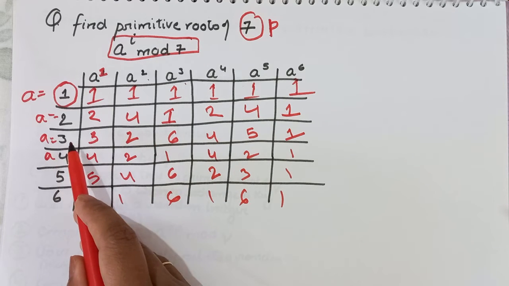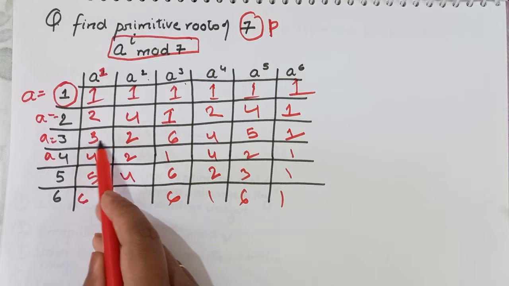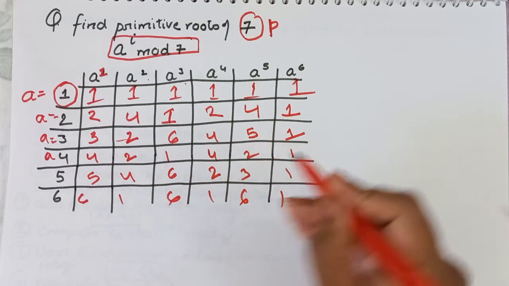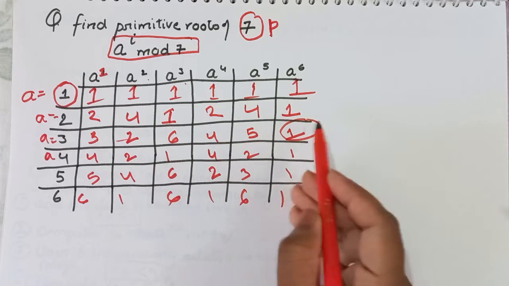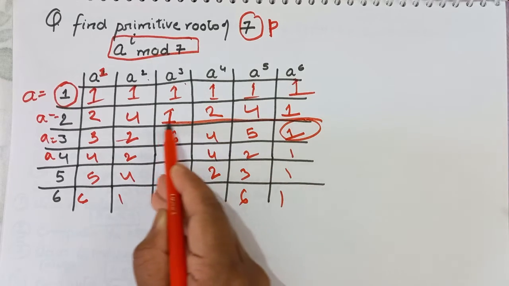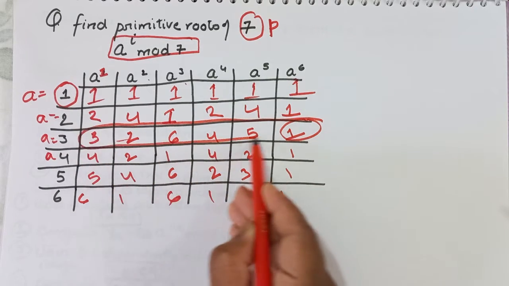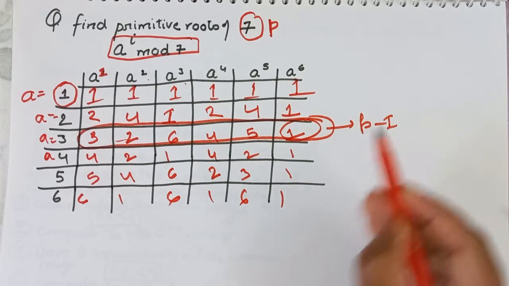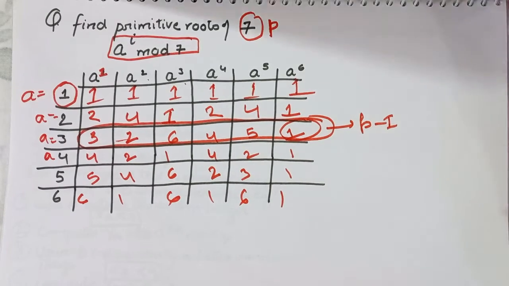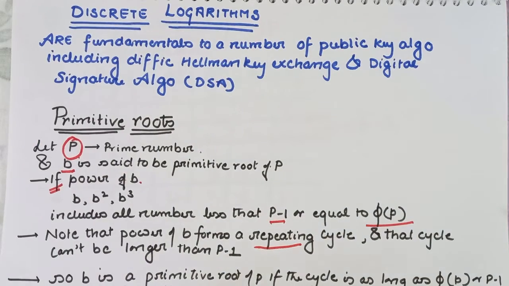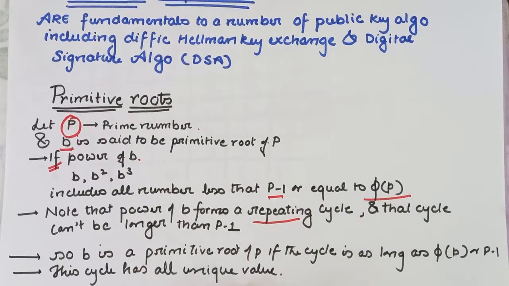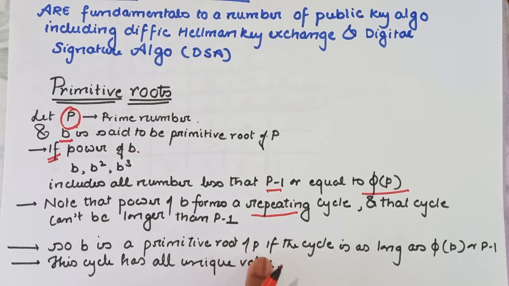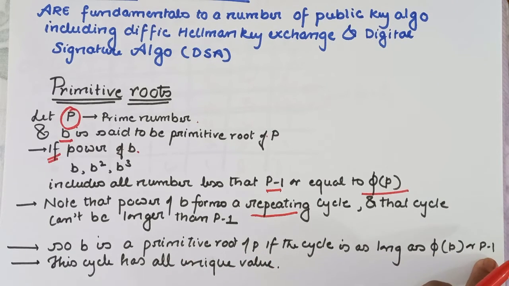And for a equal to 3, the cycle is 3 2 6 4 5 1. Basically it ends here. So can you see the size of my cycle here is as long as p minus 1. So what was my primitive root? The definition of primitive root says that b is a primitive root of p if the cycle is as long as the totient function of p, or p minus 1.